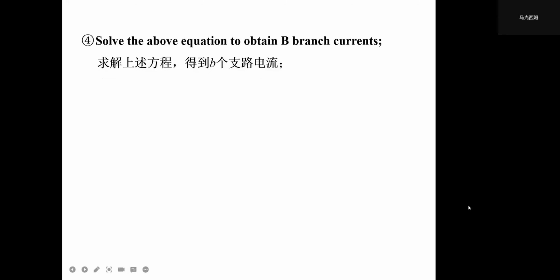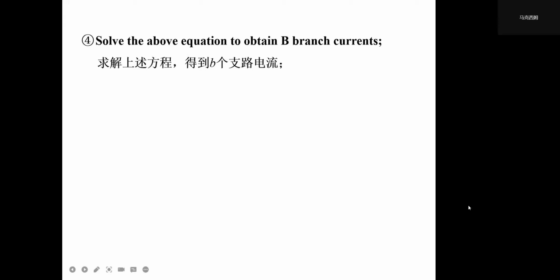By solving this set of equations together, they form B equations for B branches. So solving these equations together, we will reach the final result.